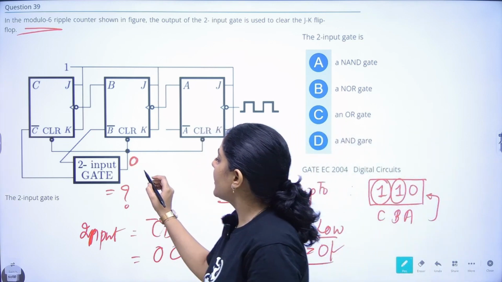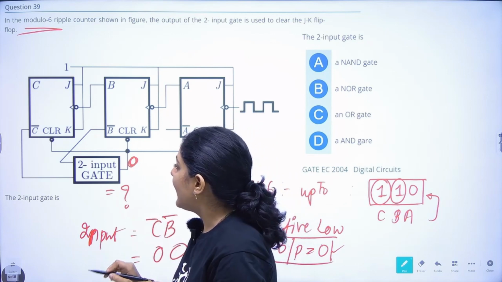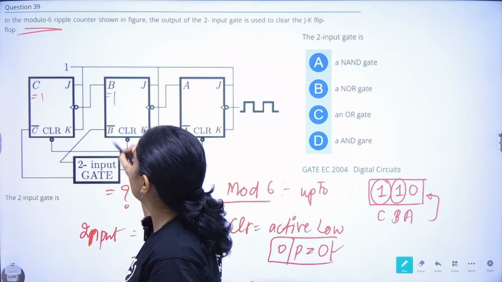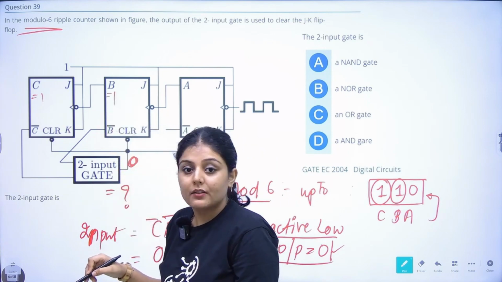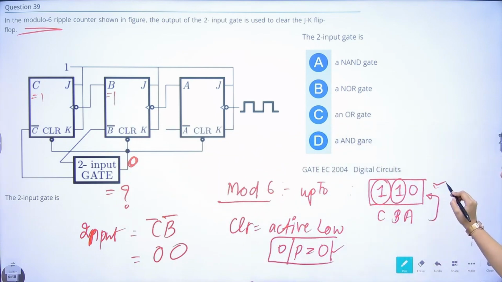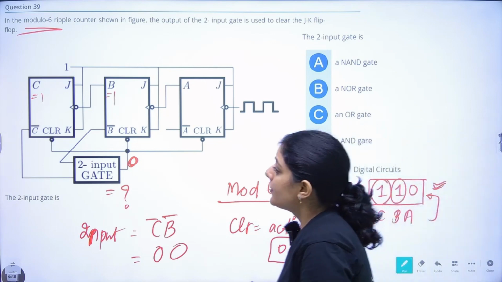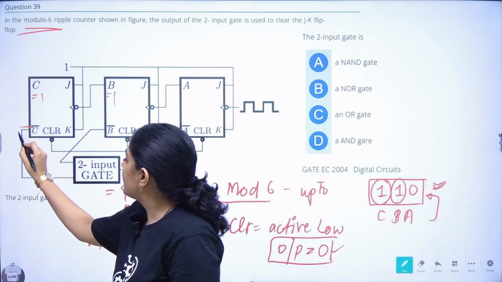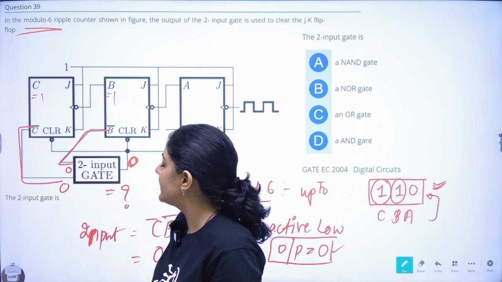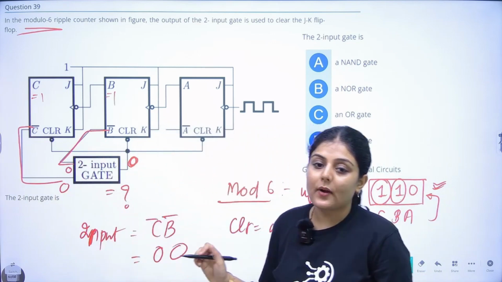We know the value of C is 1 and the value of B is 1. That is because it is a mod 6, so the last value it should count up to is 110. C bar is coming to it, so C bar should be 0, and B bar is coming here, so it should be 0.